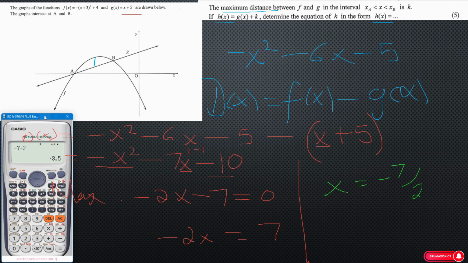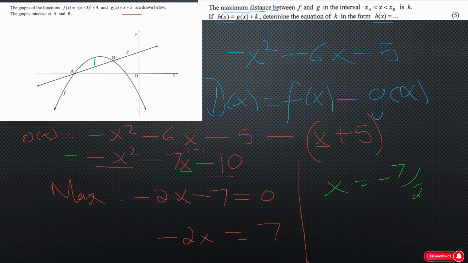So let's just keep this aside and try to get the d of x as given. So remember that our equation will be the one here as given, but now we need to substitute the value that we got into that particular equation.